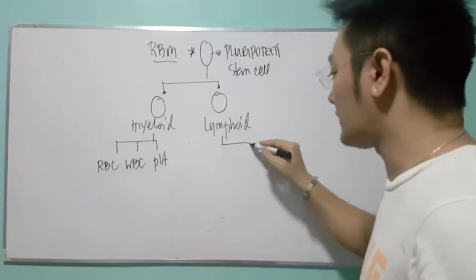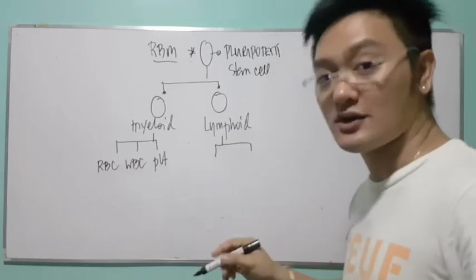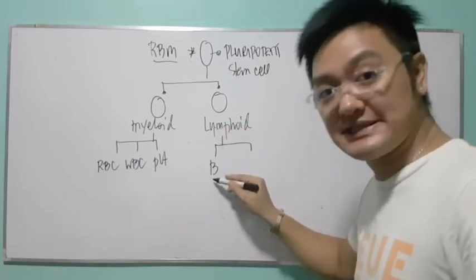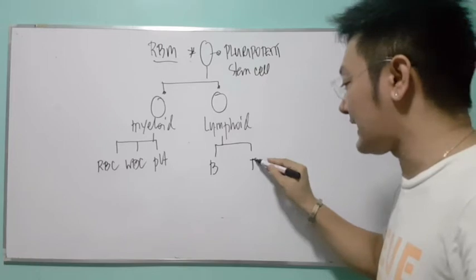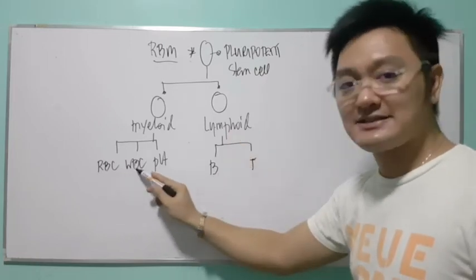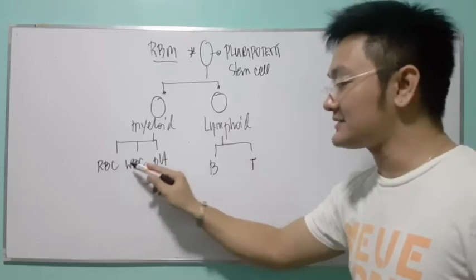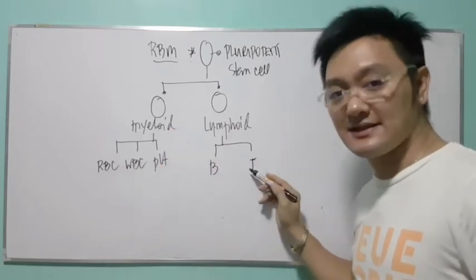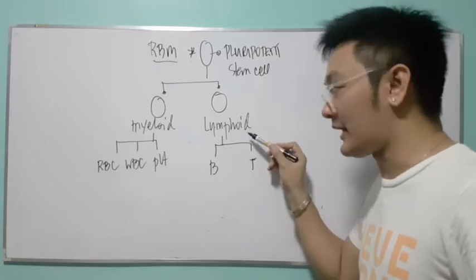Whereas your lymphoid will only produce two daughter cells. This will be your B lymphocyte or B cell, and T lymphocyte or T cells. So please be reminded, RBC, WBC, platelet, these cells originate from myeloid. B cells, T cells, they originate from lymphoid.